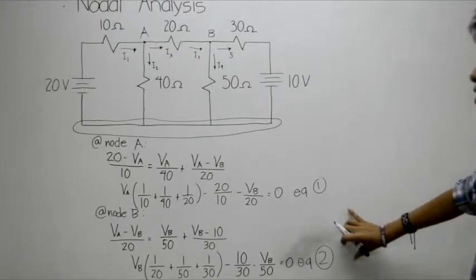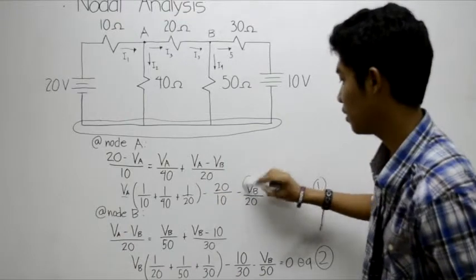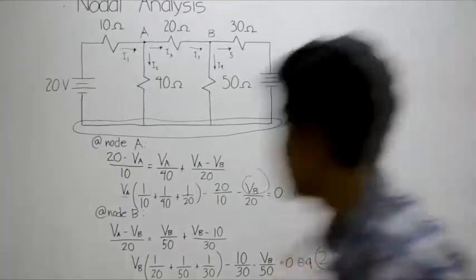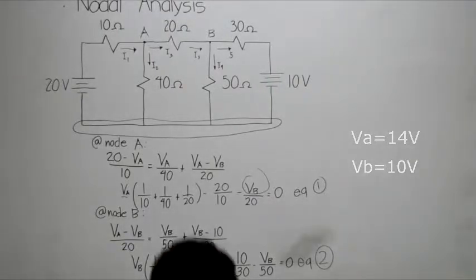Solving these two equations simultaneously, we can now get the values of VA and VB, which will yield VA equal to some volts, and VB equal to 10 volts approximately.